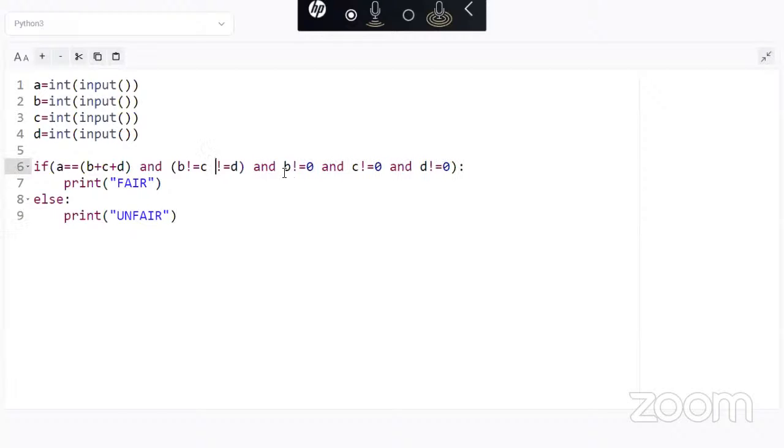Also not checking the negative numbers, sir. That not equals 0 is good enough. Can you add one more? You should add one more. And B not equals to D. Yeah. Now can you run it?